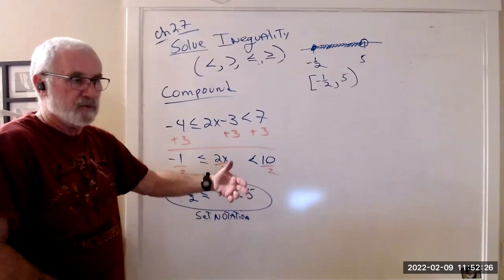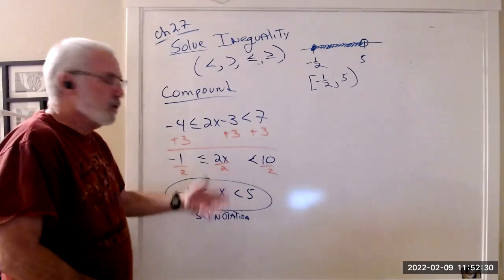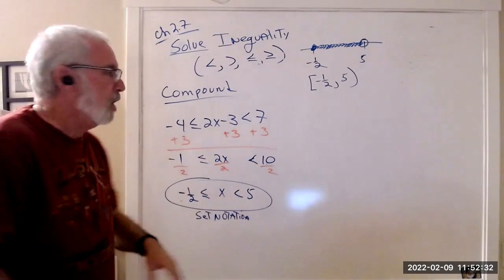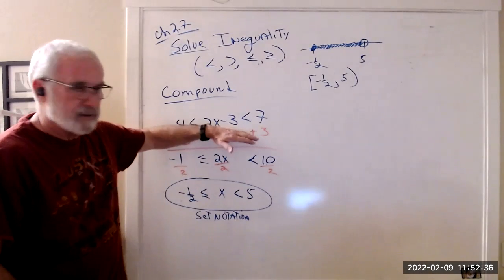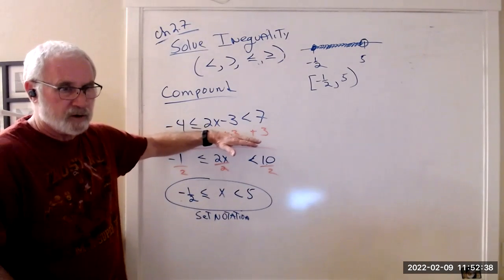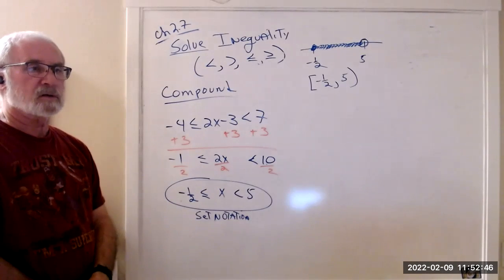So yes, in about 3 or 4 semesters from now, you'll get something that wacko, but 99% of them are just going to be like this for the rest of your math career. Good question. Anybody else? Any other questions?